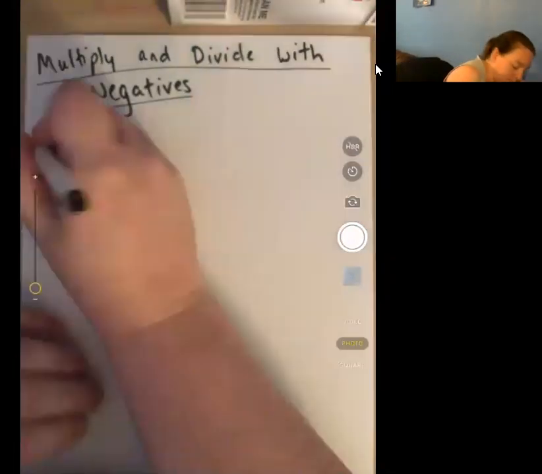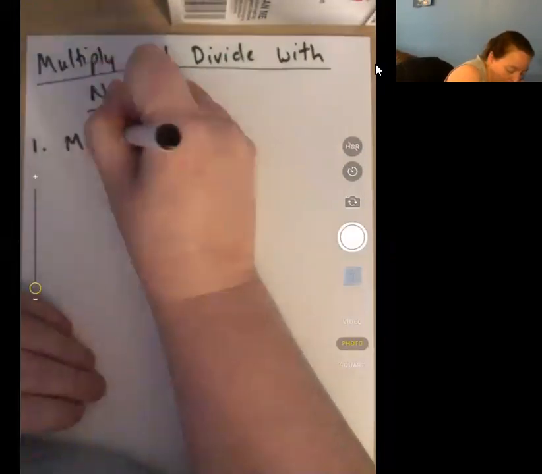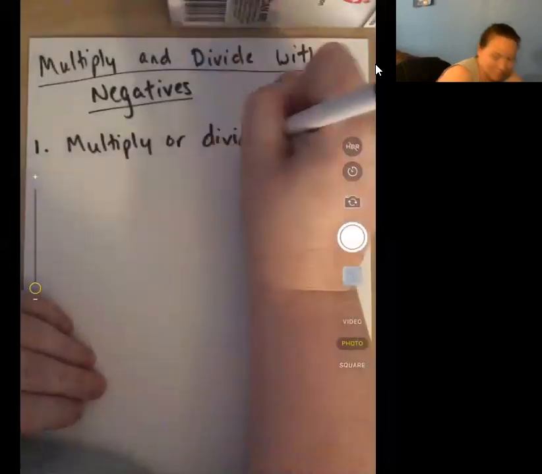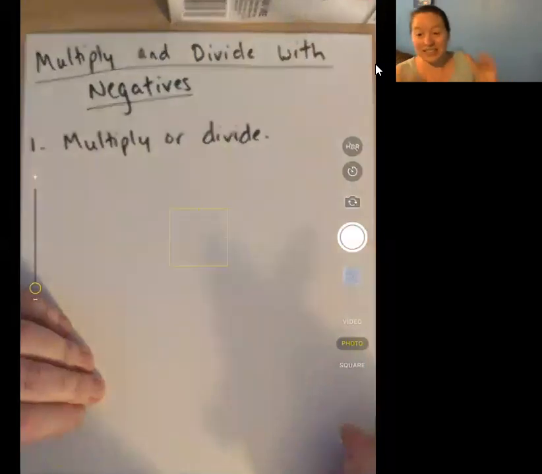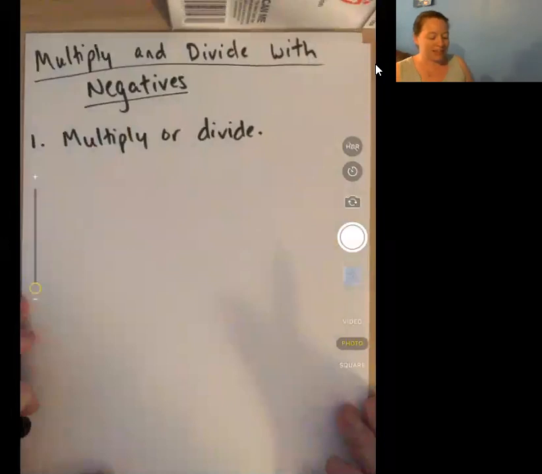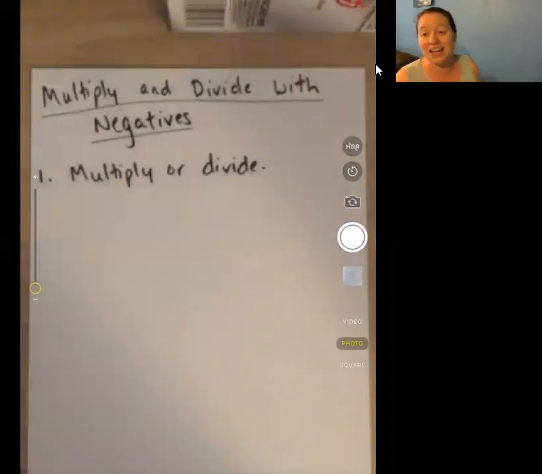Number one, multiply or divide. That's the first thing. You just take the numbers. Don't worry about if it's negative or positive or anything like that. Don't worry about it at all. Just take the numbers and multiply or divide them.